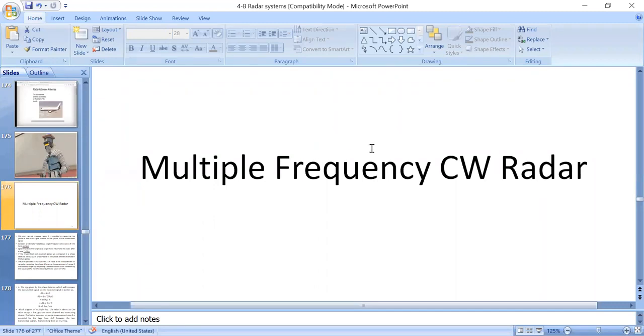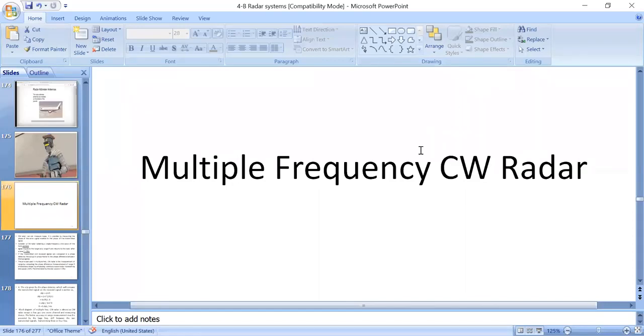So in order to provide the range information, we move to the concept called frequency modulated continuous wave radar. We already discussed that concept, right? But instead of that, you can also measure the range of the target by using a basic continuous wave Doppler radar design with some modifications.